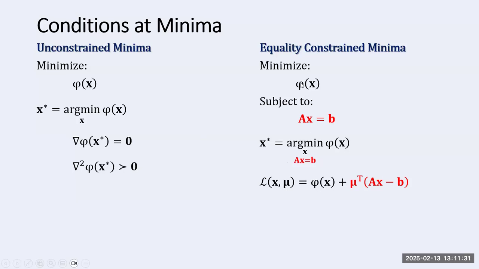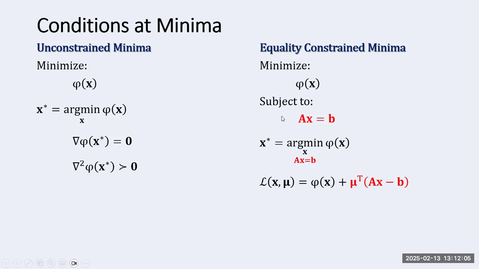It is equal to the function that we want to minimize plus mu transpose times (AX minus B). I could have written this as AX minus B equals zero. Something equals zero, that's an equality constraint. This is the additional term in the Lagrangian. And what's the dimension of mu?